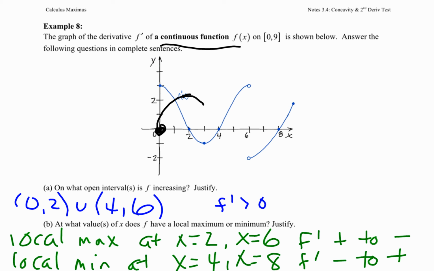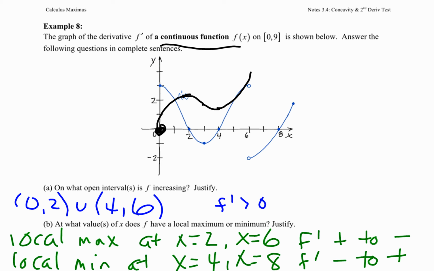Then we are still going to decrease, but we're concave up, and that happens until 4. There we go. And now from 4 to 6, we're increasing and concave up. So maybe something like that. Now remember, we're concave up for the rest of the time, so now we just need to decrease.